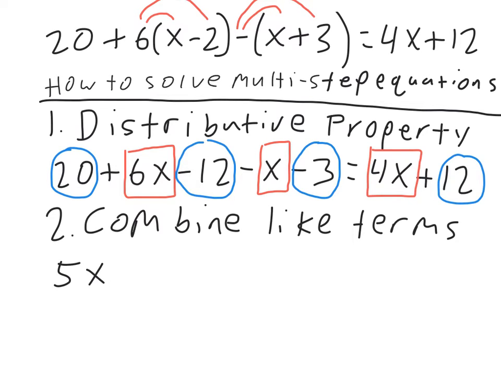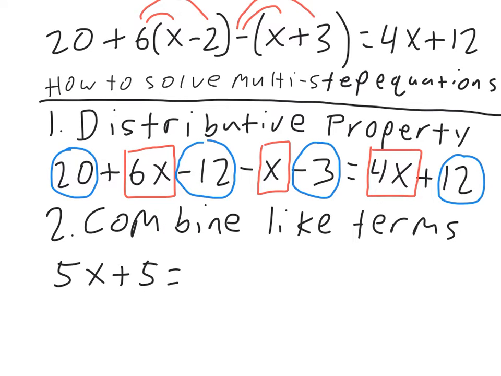Then with the numbers on the left side, we have 20 minus 12 minus 3. So 20 minus 12 is 8, and 8 minus 3 is 5. So we're going to have a positive, so it's plus 5.